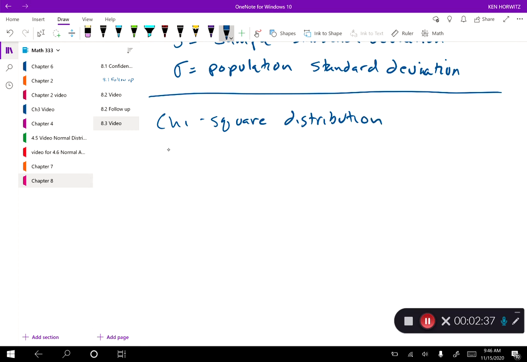It's made kind of like a fancy x and a straight one, and you square it like that. The chi-square is calculated by n minus 1 times s squared over our population variance.